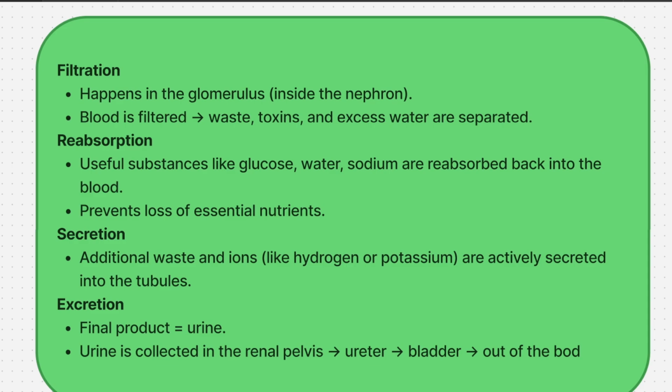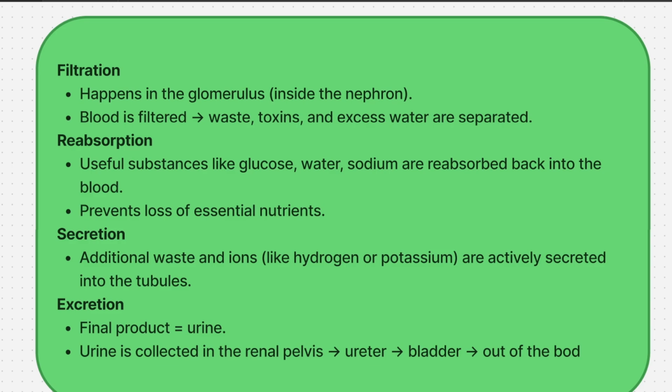which prevents the loss of essential nutrients, as we said. Now there is an extra process called secretion. The filtration through the glomerulus isn't the only mechanism. This is an active mechanism of secreting instead of just filtering non-selectively.